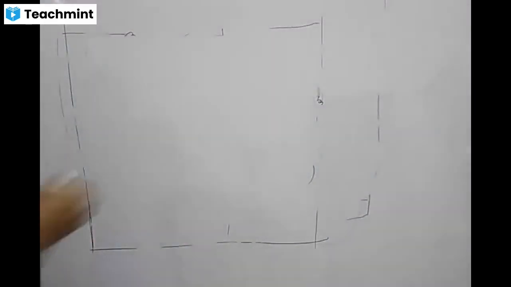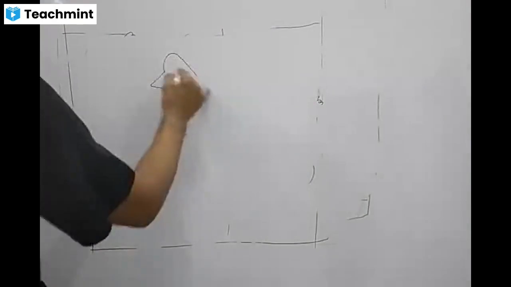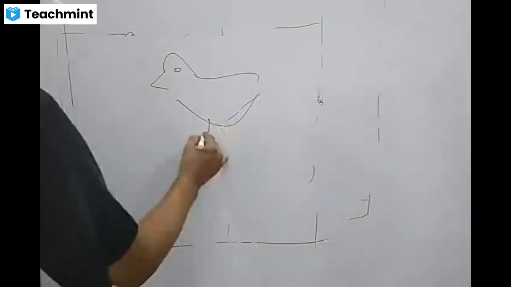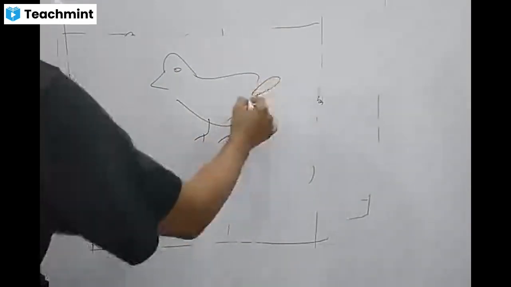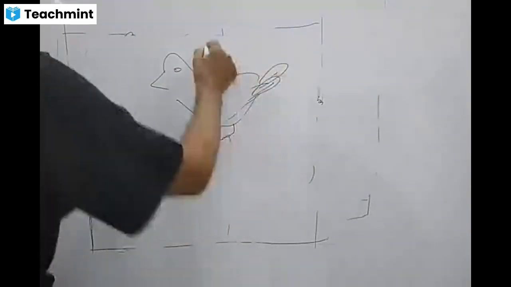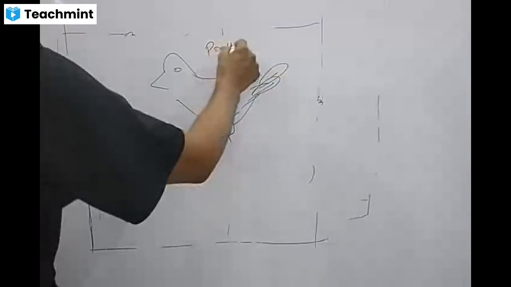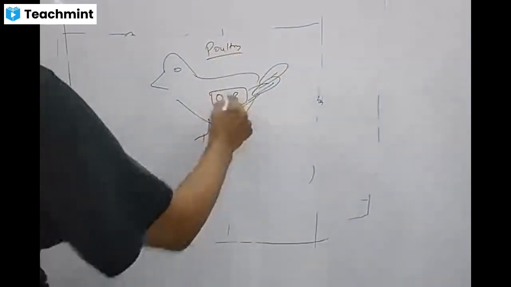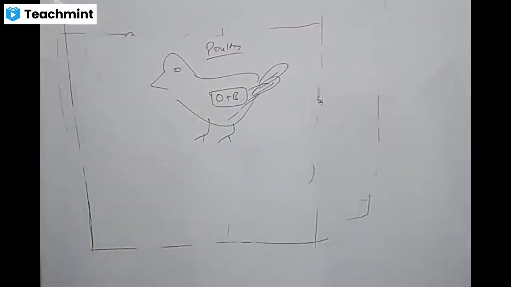Next is your Prosthogonimus. Prosthogonimus is related with poultry. It is a poultry fluke, or you can say bird fluke, and the predilection site where you find this fluke will be the oviduct or bursa.